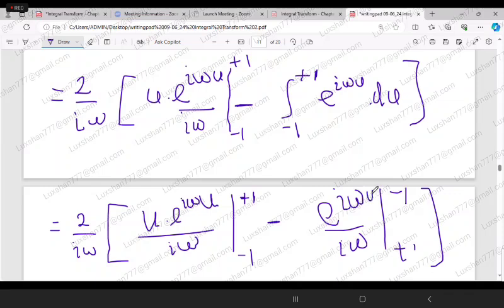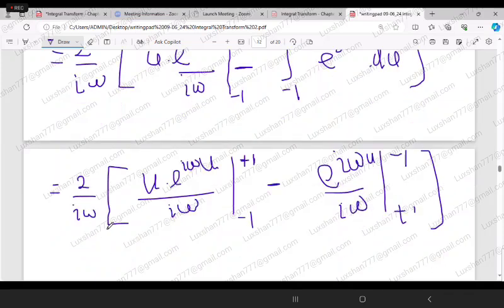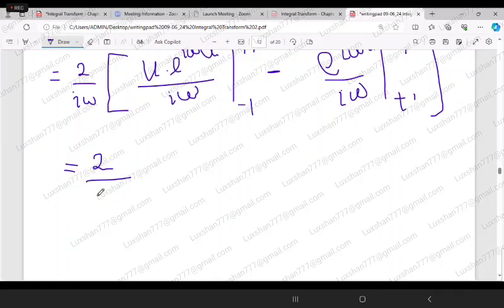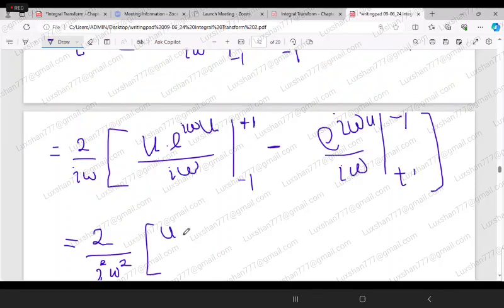Now I can bring all the i omega here, and then I can write it as 2 over i squared omega squared. And here I have u into e to the power i omega u minus e to the power i omega u, from -1 to +1.